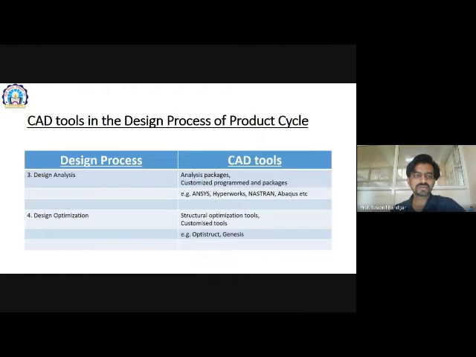Then the next design process is design analysis. We do some analysis, we use some analysis packages, and some customers use customized programs and packages. They don't need the whole software for their purpose; they need some basic required software as a part of the software.